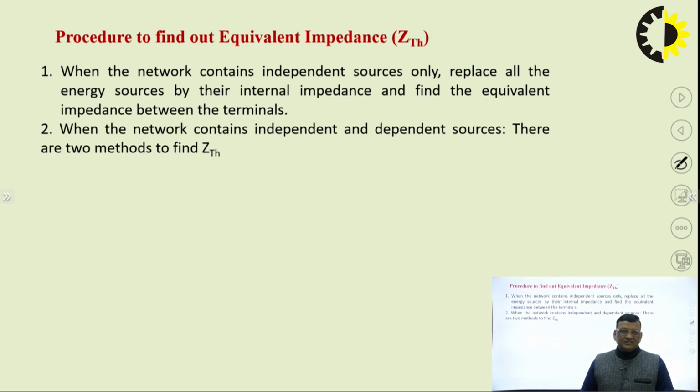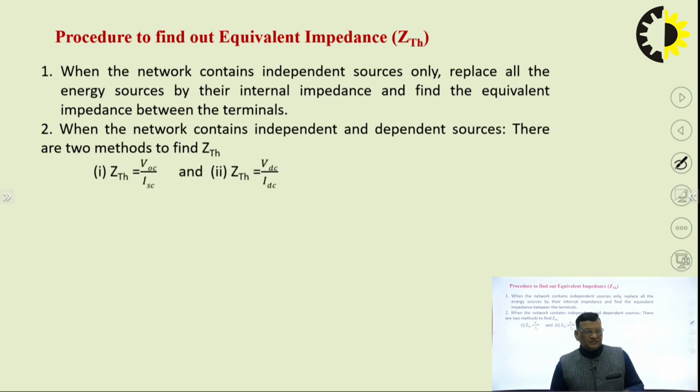Then, when the network contains both dependent and independent sources, there are two methods to find ZTH. The first is ZTH equals VOC upon ISC, and the second is ZTH equals VDC upon IDC.